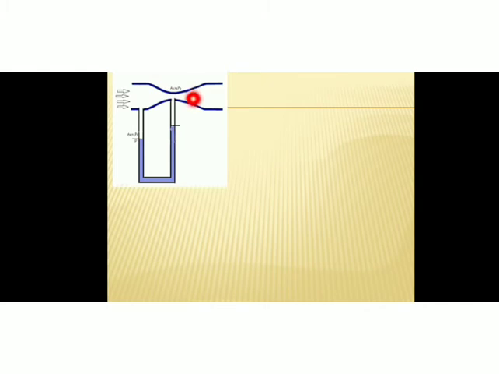On the figure it is A2, but we can consider it as small a. The area of cross-section at the wide limb can be considered as capital A, and at the narrow limb as small a.